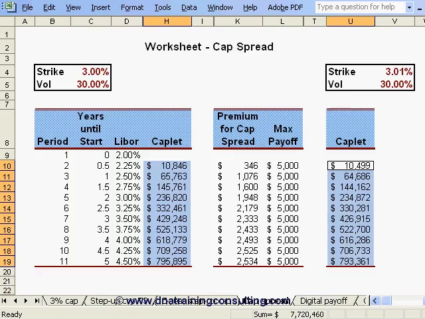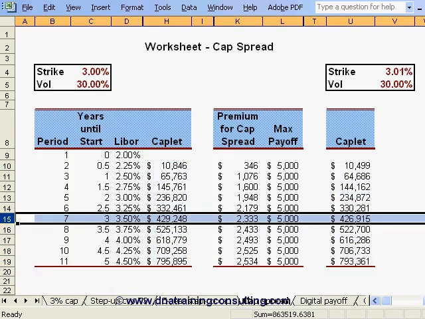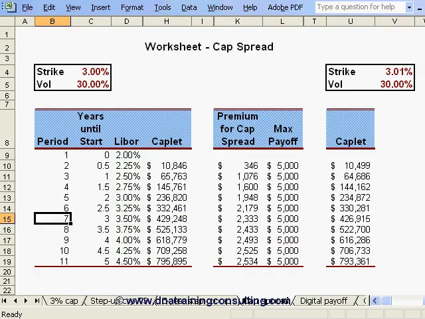For example, if I purchase the 3% caplet for period 7, which starts in exactly 3 years, and I simultaneously sell the caplet struck at 3.01% for the same period, the net premium, being the difference between the two numbers highlighted in front of you, would come to only $2,333 as indicated in cell K15.